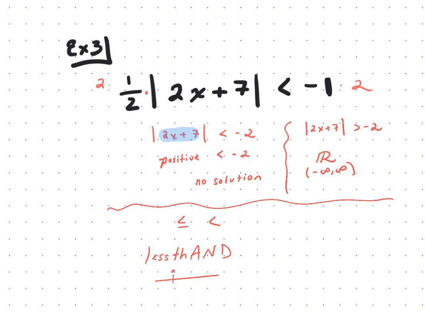And normally your number line looks like this, with an open circle. And then you've got greater than problems when you mix those together. And that usually looks like this, where you have the two separate intervals, like from -infinity to this value, and then this value to infinity. All right.